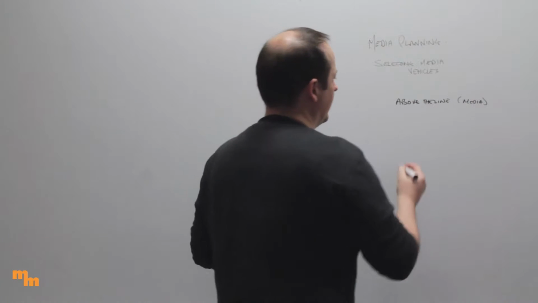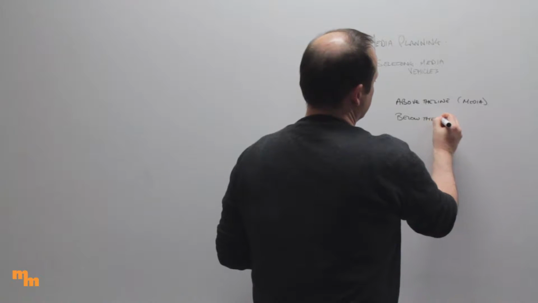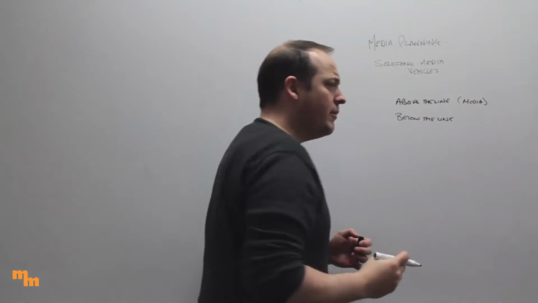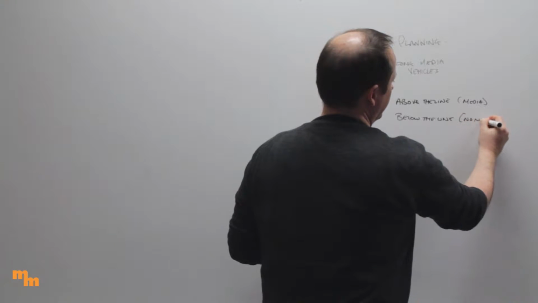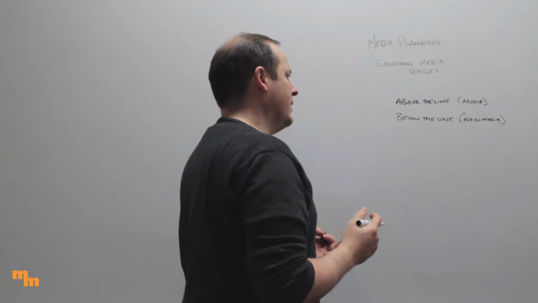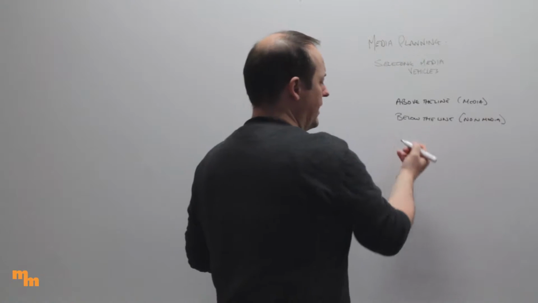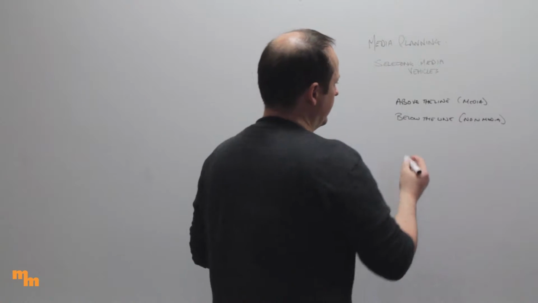We start to think about below the line. When we're talking about below the line, we're talking about our non-media comms, non-media. We also start to look at whether we're having a combination, so a little bit of above, a little bit of below, which is probably where a lot of people are going to end up.